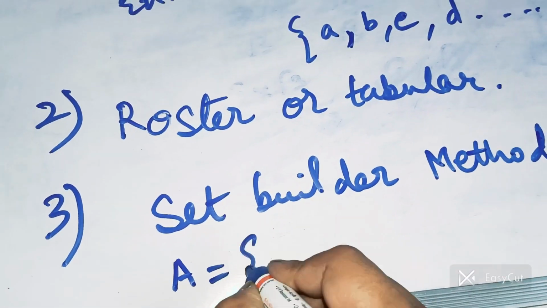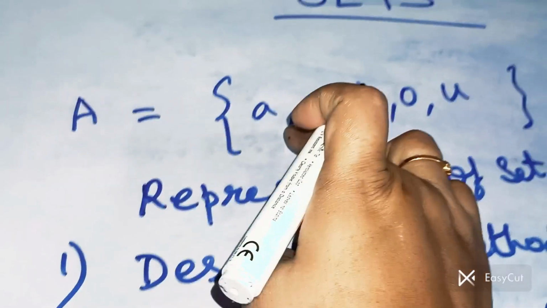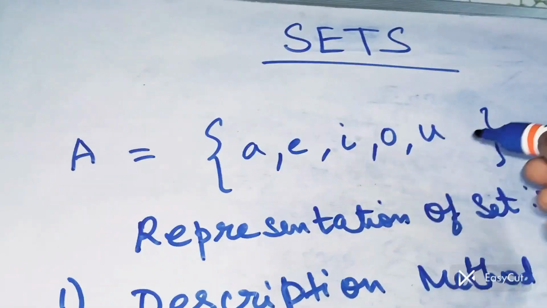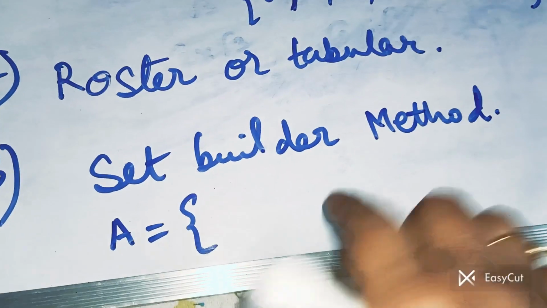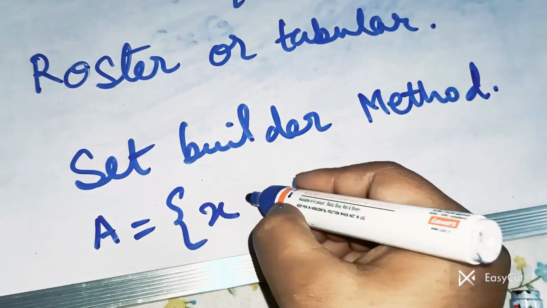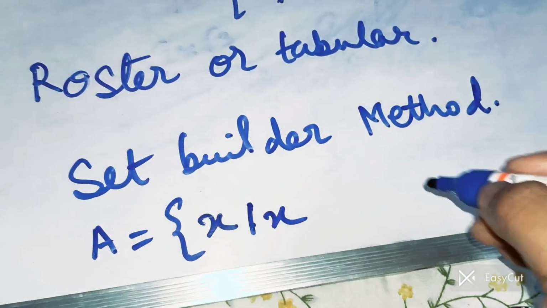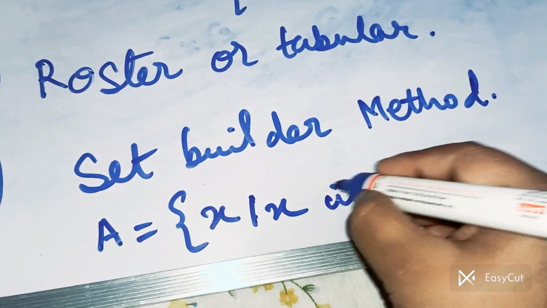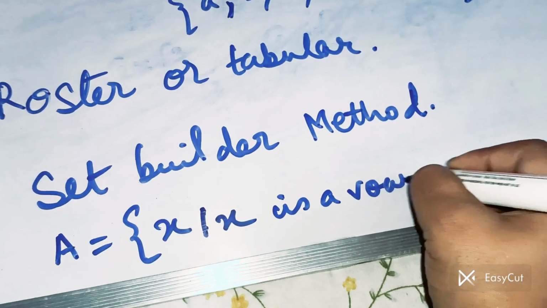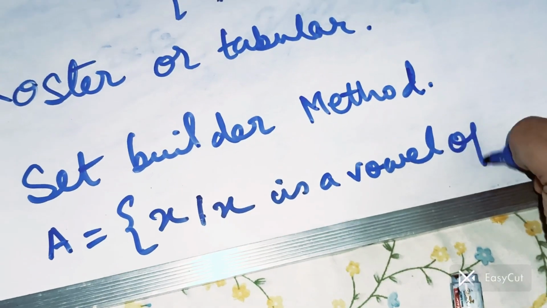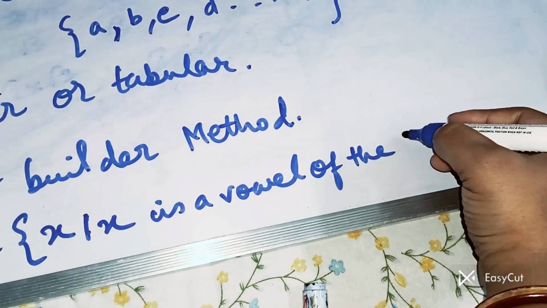A equals to, like we have written in the roster form or the tabular form, A, E, I, O, U. This is the roster or the tabular form. In the set builder method, we will write it as X, either with a dot or X such that X is a vowel of the English alphabet.